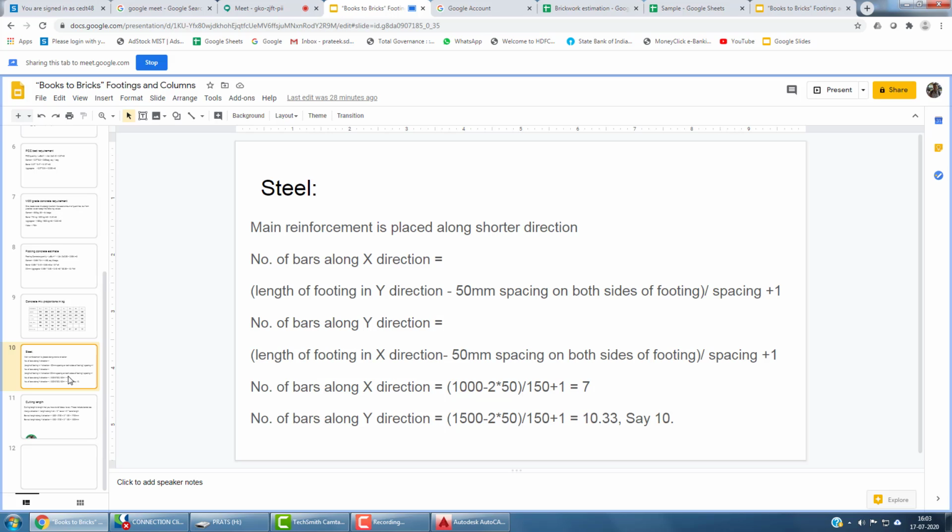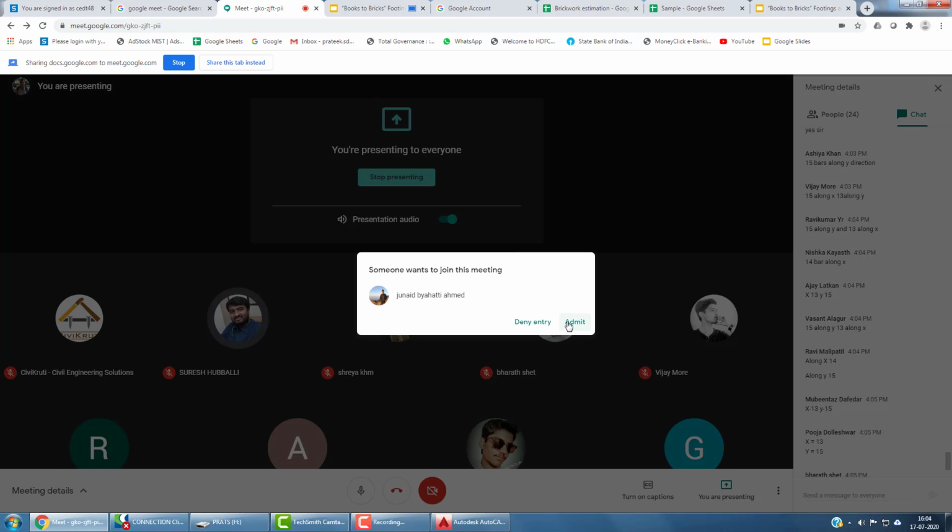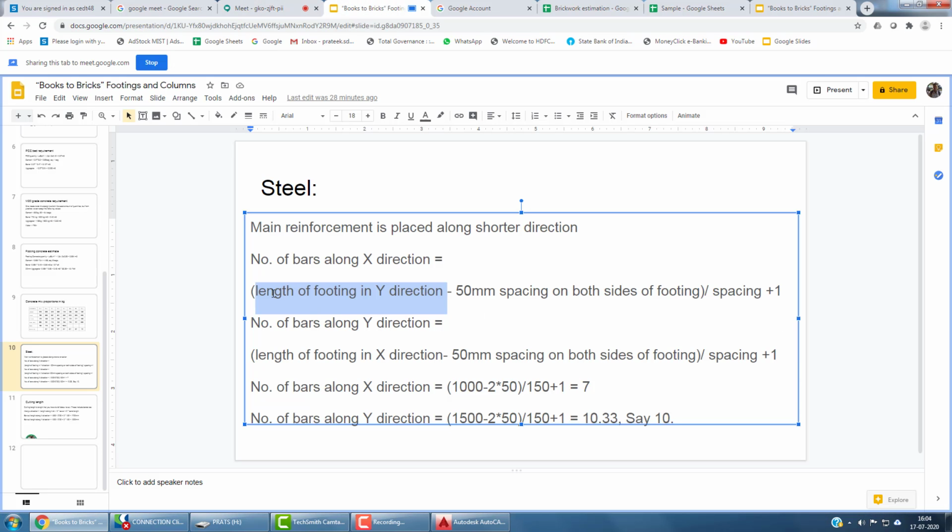Let us see. Okay, along X direction, what I have to do? I have to take length of footing in Y direction, correct? What is my length of footing in Y direction? Yes guys, everybody has to reply, then only you will understand.